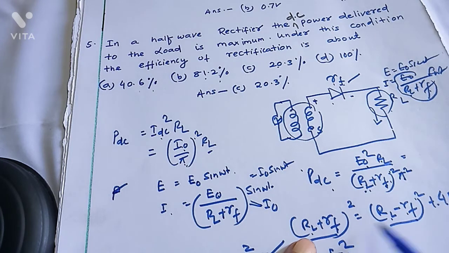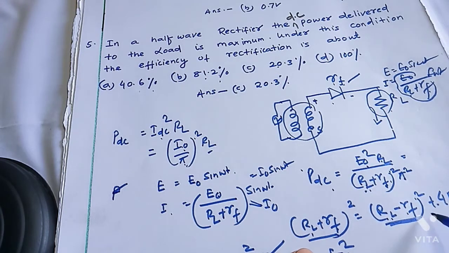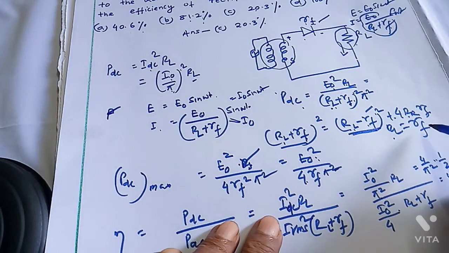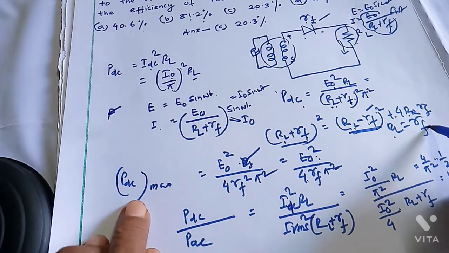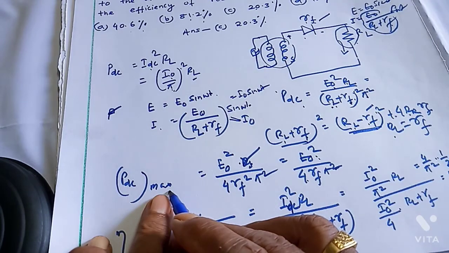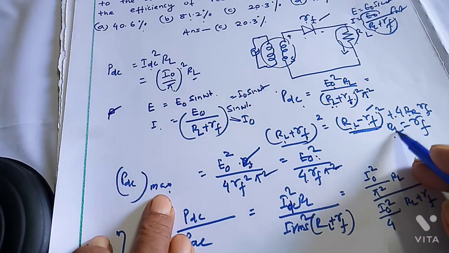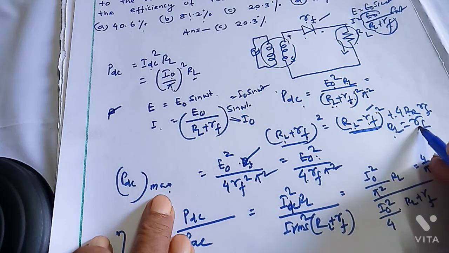Now if this is minimum, then RL equal to RF. That is, the load resistance is equal to the resistance of the junction diode when it is forward biased. As a result, power DC is maximum when load resistance equals the forward resistance of the diode.